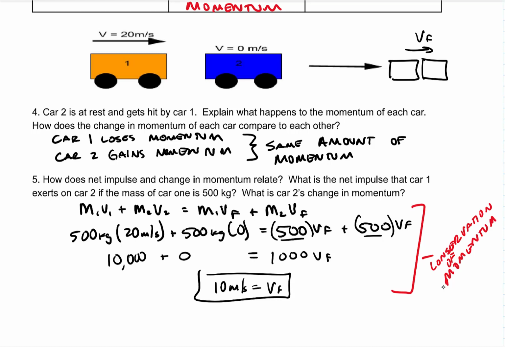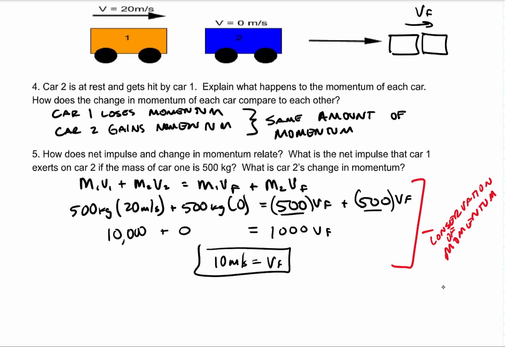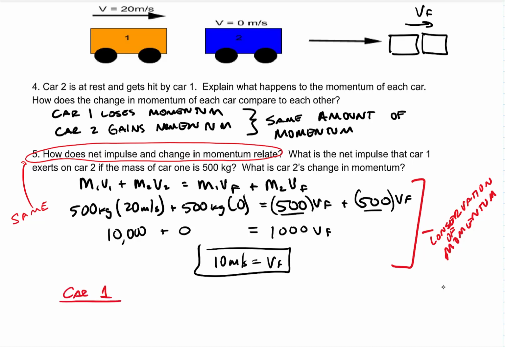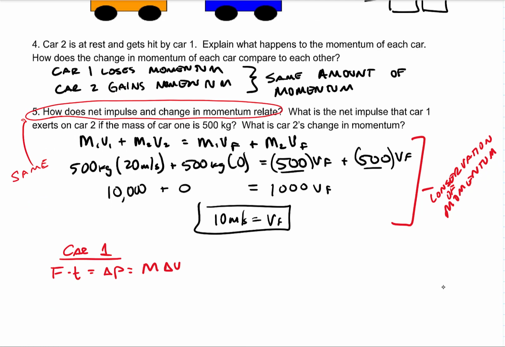For each of our cars, net impulse and change in momentum, those things are the same. Impulse is the change in momentum. For car 1, the impulse, or force times time, is the change in momentum. So it's the mass times the change in velocity for car 1.